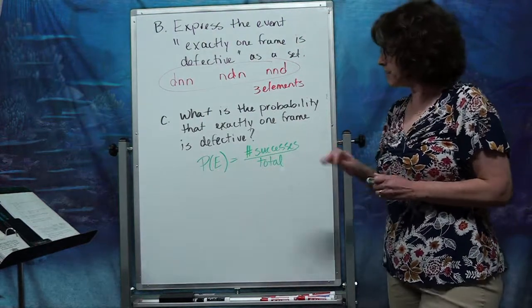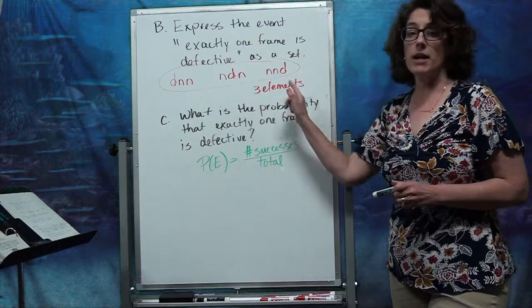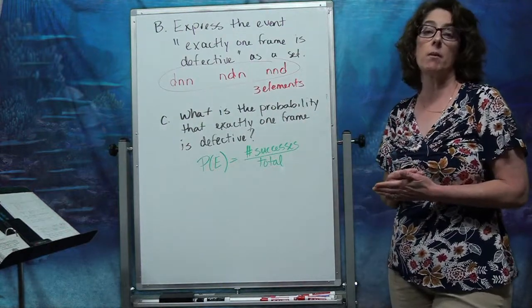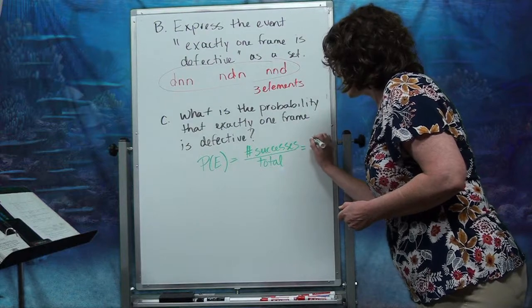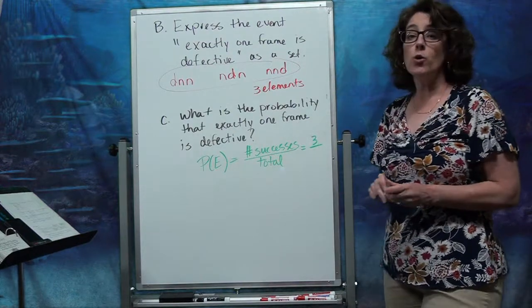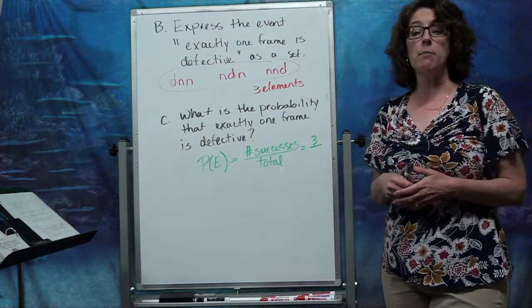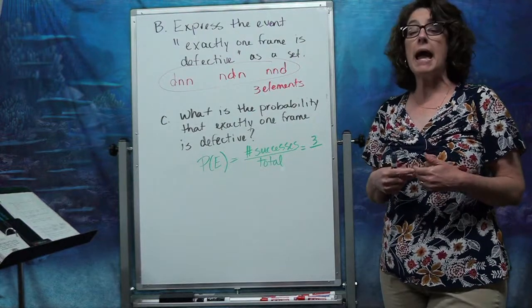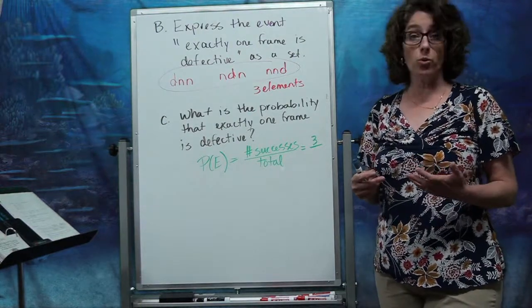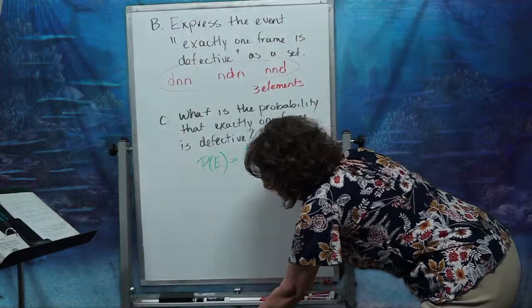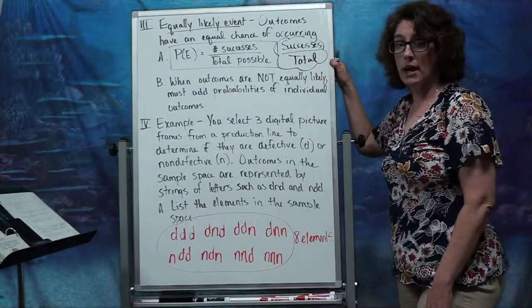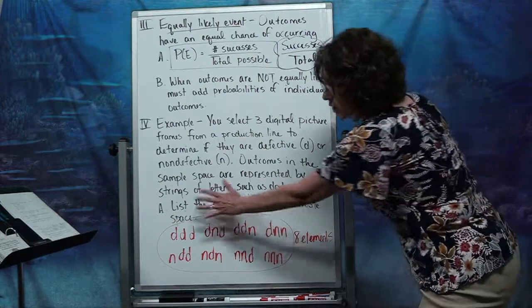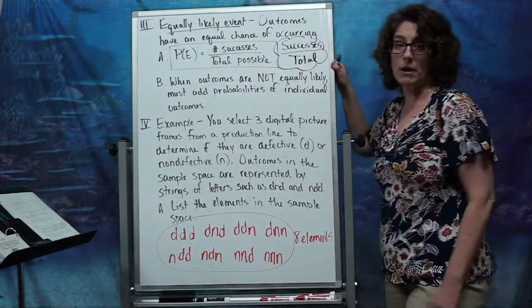So in this case, the number of successes would be 3 right here. There were 3 ways that we could come up with 1 defective picture frame. So I have 3 successes. My total is the total sample space. When I pull out those 3 digital frames, how many different outcomes total can I have? You recall we did that previously in the first example: here's all the ways that I can make those outcomes.